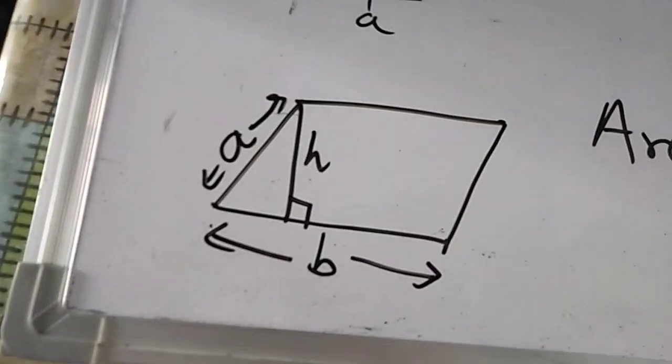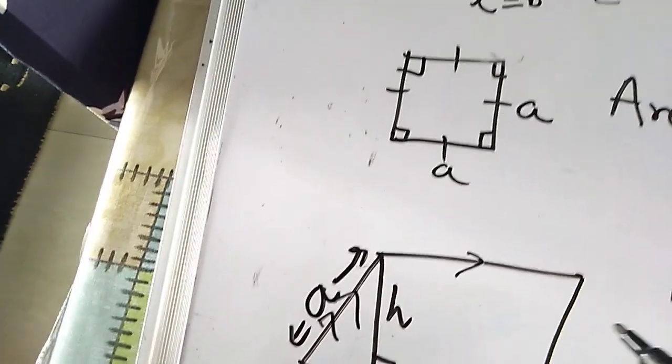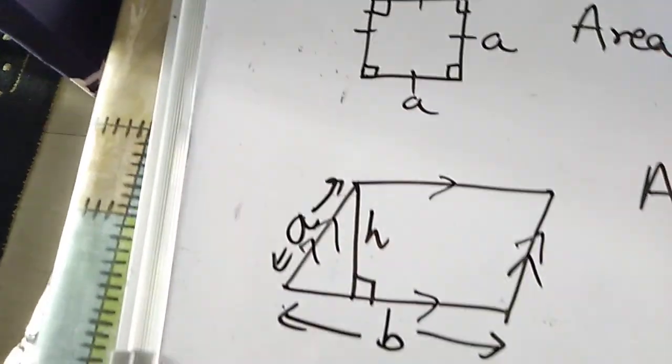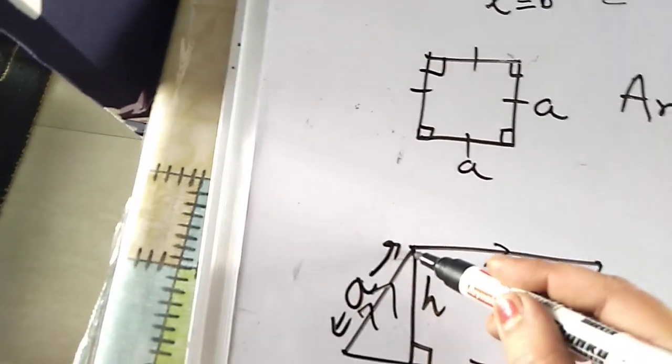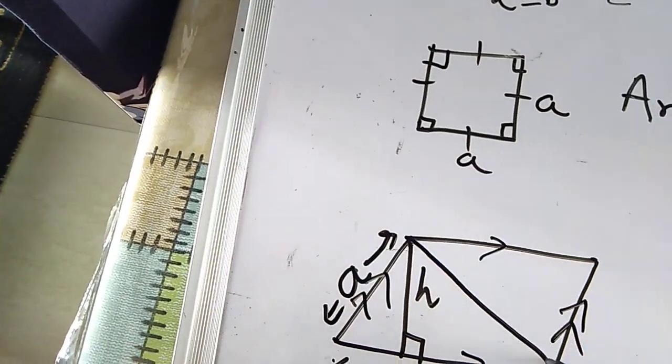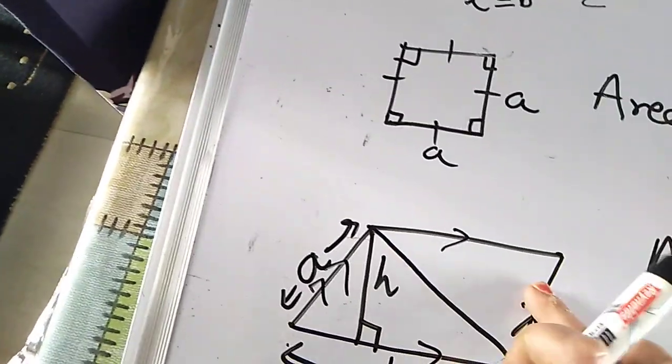Now coming to a parallelogram. You all have studied what parallelograms are. A parallelogram is a four-sided figure where the opposite pairs of sides are parallel and equal. Okay. So, see, if I draw a diagonal, I can say this parallelogram is made up of two equal triangles. One is this, the other is this.